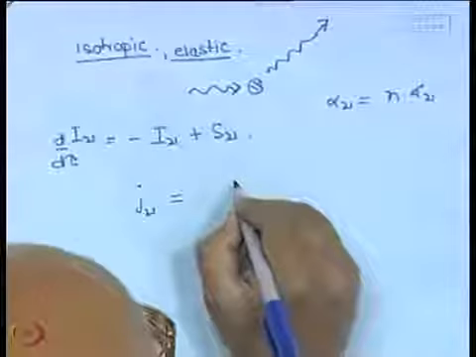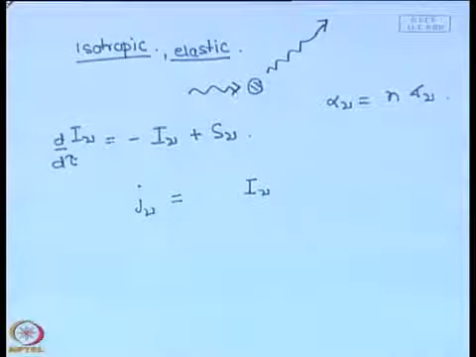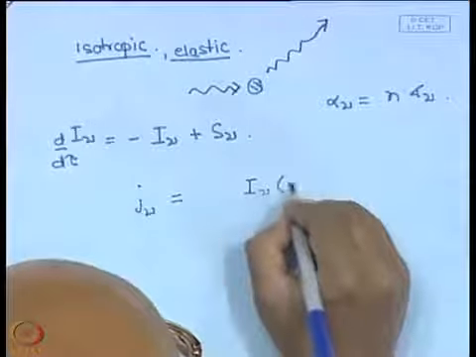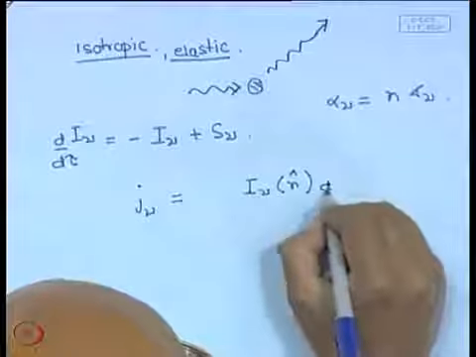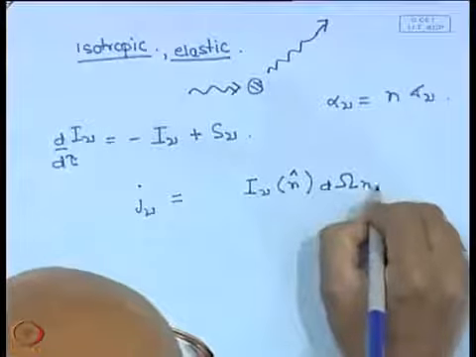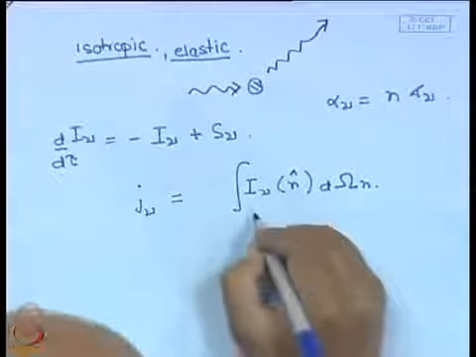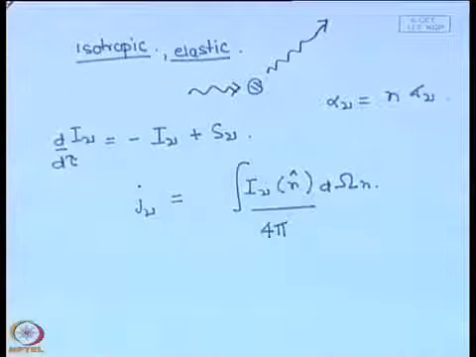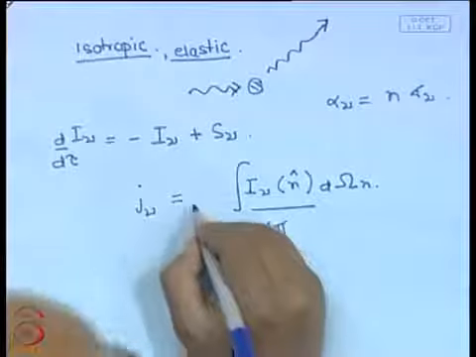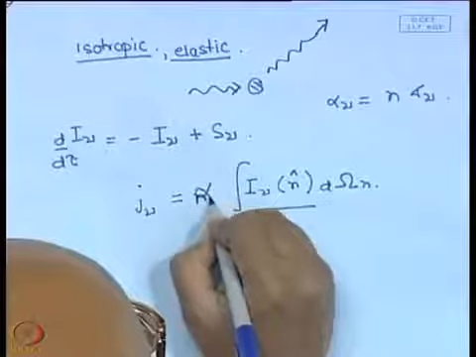So, the incident radiation is I nu, and radiation from all directions will be absorbed equally. So, I have to integrate over all solid angles, and it will be going out equally in different solid angles. So, I have to divide by 4 pi and multiply this with basically alpha nu.